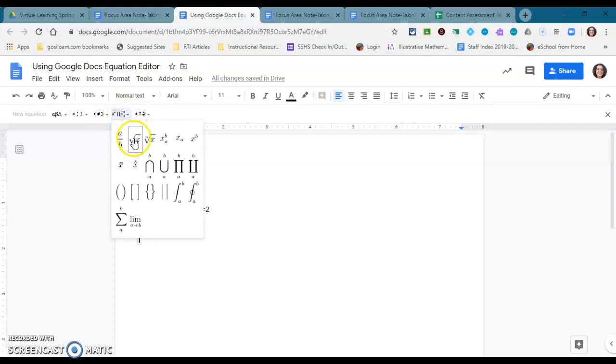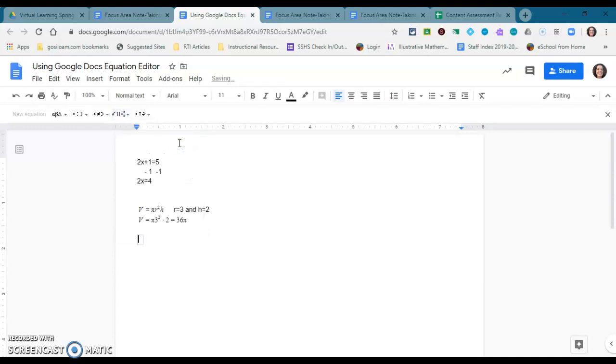Here is where you can get square roots. This is where you can type in a fraction. And I showed you this one, like if I wanted to do x squared. You might want to use this one if you were wanting to type the slope formula, which would be y2 minus y1. So y2 minus, go back there, y1.